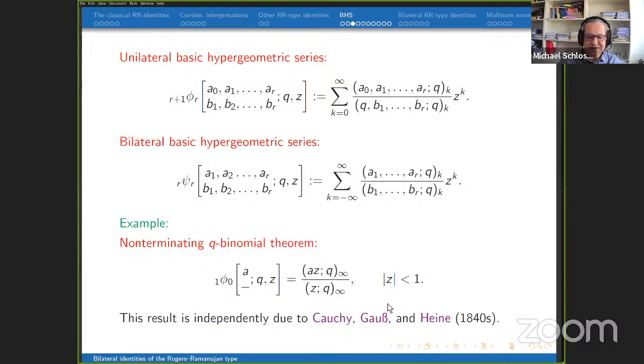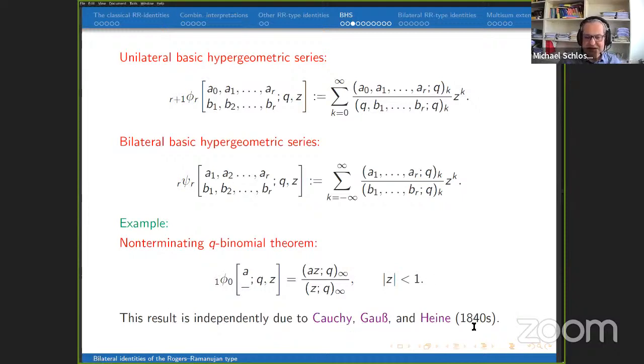It's very nice, and it can be used to obtain Newton's binomial series expansion as a special case, as in a limit, but I will not do that here because we're just looking at q-series in this talk.